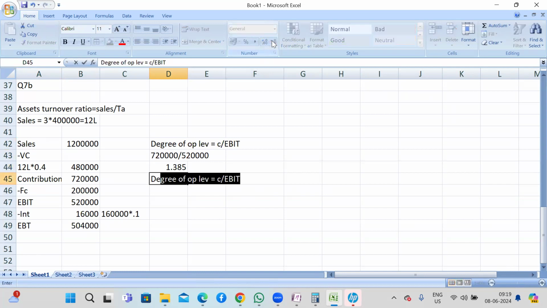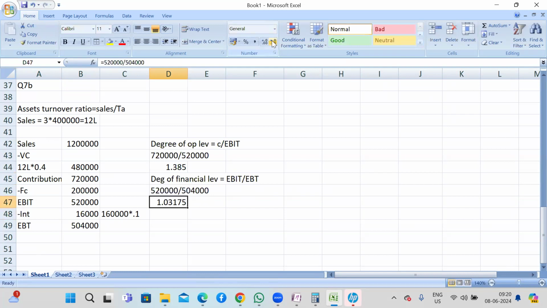Now degree of financial leverage, that is EBIT divided by EBT. So EBIT is 5,20,000. EBT is 5,04,000. So I will be having 1.03.